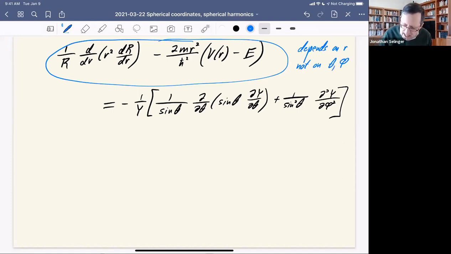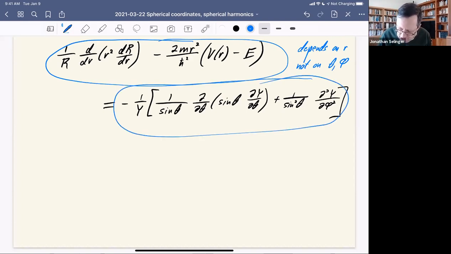And if we look on the right side, this stuff depends on theta and phi, not on little r. Now, I can use the standard separation of variables argument and say, how is this possible?